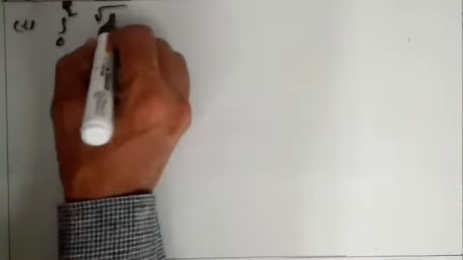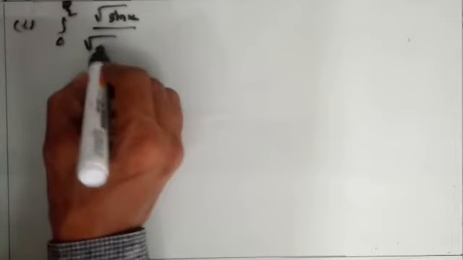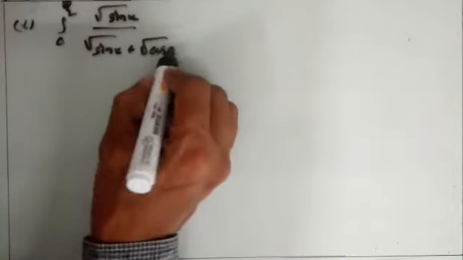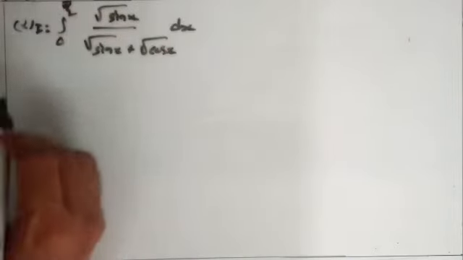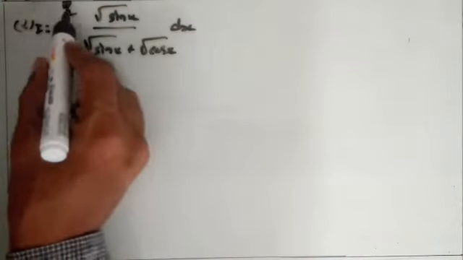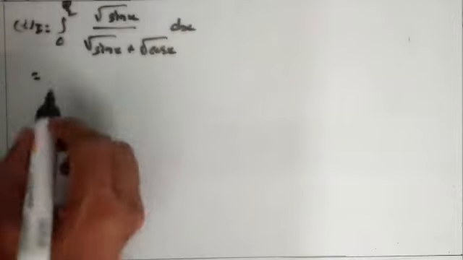Question number 2, find integration 0 to pi by 2 root of sin x upon root of sin x plus root of cos x dx. So this is integration I. Now apply our property, 0 to a f(x) is equal to 0 to a f(a minus x).